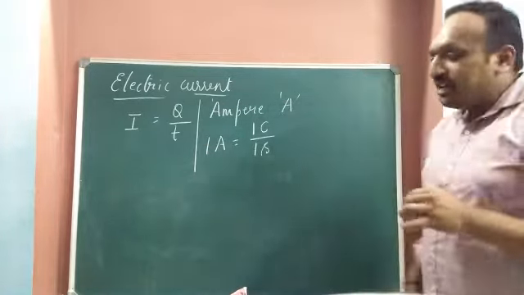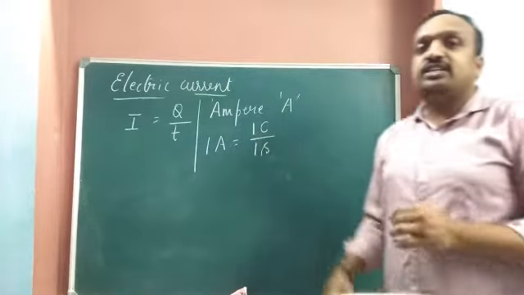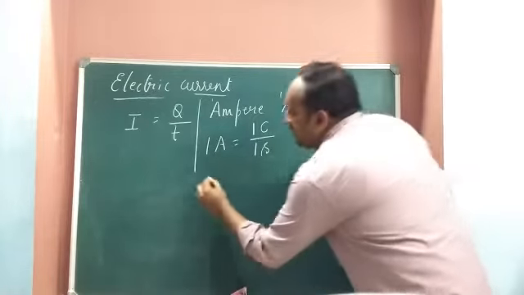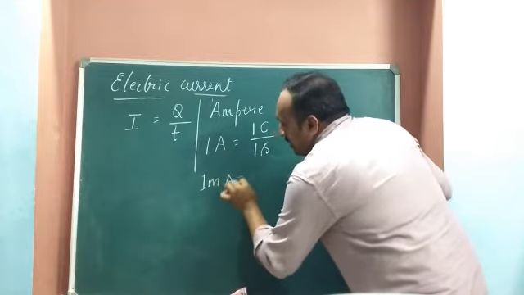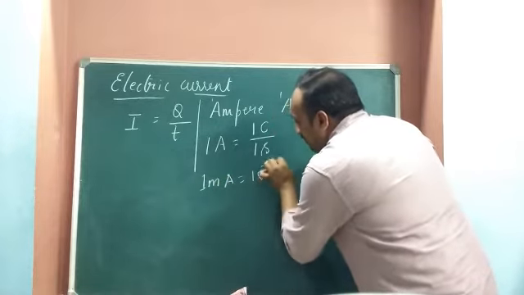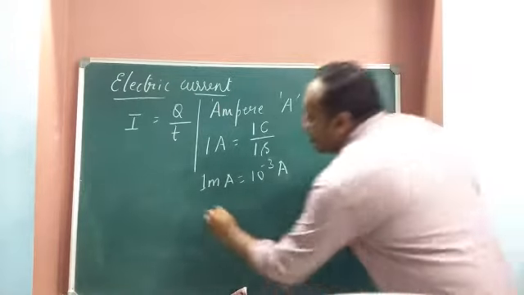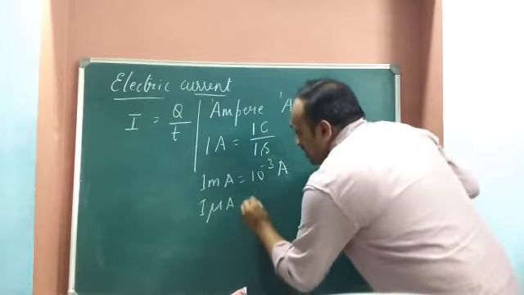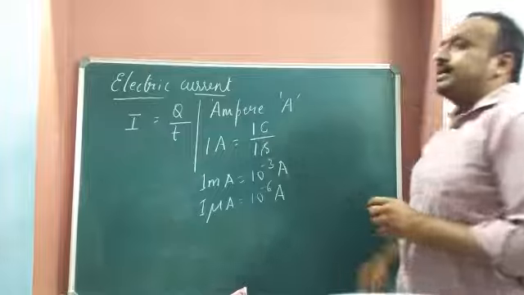To measure that one, we are having 2 more units of the current. We used to call it as sub-units. That is milliampere. 1 milliampere will be equal to 10 power minus 3 ampere. Still small. 1 microampere will be equal to 10 power minus 6 ampere.